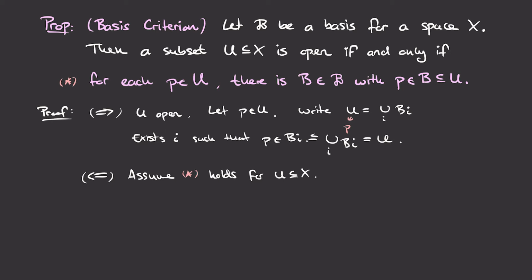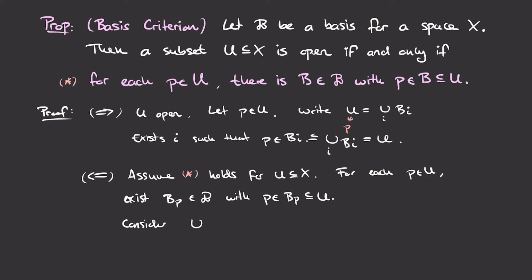By the condition star, we know that for each point P in U, we can find a basis element such that P is contained in the basis element, and that basis element is a subset of U. So for each P in U, there exists, and I'm going to call this basis element BP, a basis element with P being an element of BP, and BP being a subset of U. What we do now is consider the following union: the union over all these BPs for every point P in U. Now, on the one hand, the subset U is contained within this union.